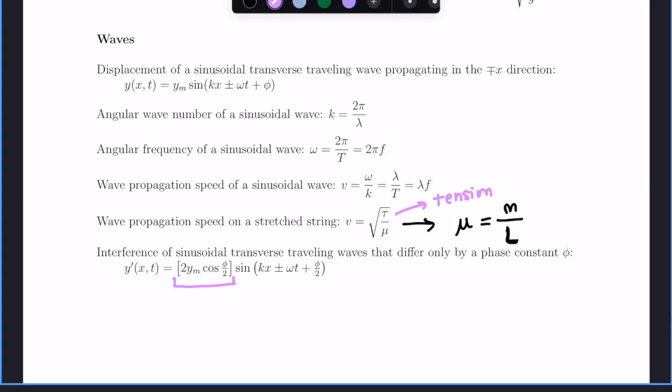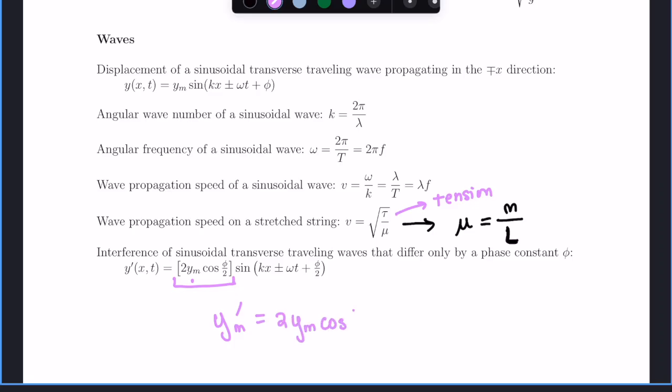So how would you use that? I want to say there was a homework question where you know the amplitude of one of the waves making up this combined wave, and you know the phase constant, and they want to know the amplitude of the new wave. In a case like that, I think I called that ym prime in class.